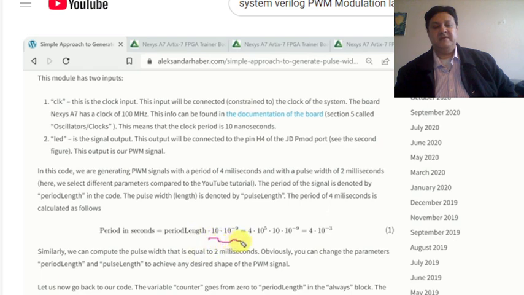We just have to keep in mind the period of the clock of the system. In our case, that is 10 nanoseconds, and mathematically, that is 10 times 10 to the minus 9. Then you just need to multiply the clock period with the period length of your pulse width modulation signal, and you can get the period of the pulse width modulation signal consequently.